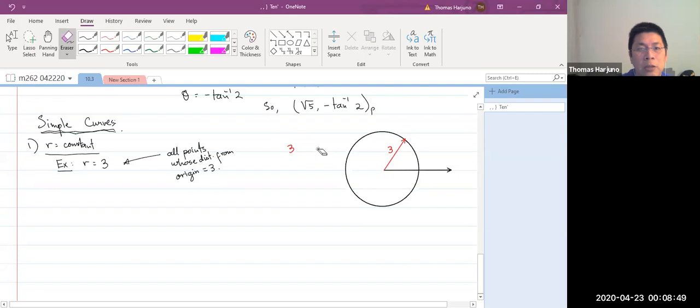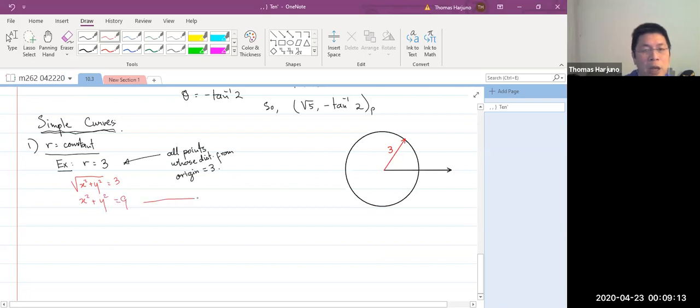Now the thing is, that's what the graph looks like. Can we find the equation? How to find the equation in rectangular coordinate system? Now we know that r can be expressed as square root of x squared plus y squared, right? Now square both sides, x squared plus y squared equals to 9.